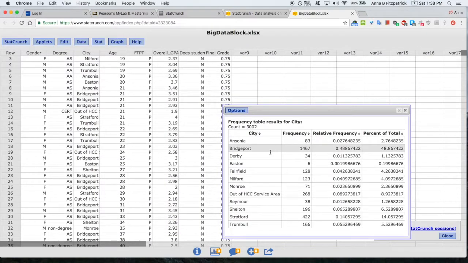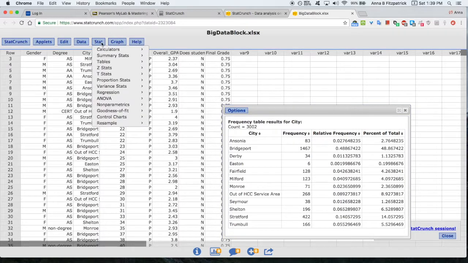And as you can see here, it's showing that out of 3,002 students, 1,467 of them are from Bridgeport, which is 48.86% of the total, and that is based on a total number of students of 3,002.